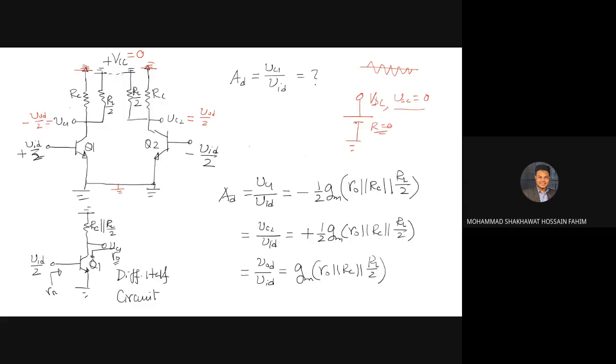Yes, sir. So for AC voltage, this point is basically the same as the ground, because that is shorted, no AC voltage, right? So for AC, this is like connected to ground, and this is how you can think of it, right? Yes, sir. Okay.